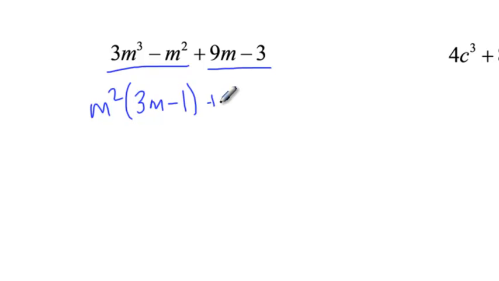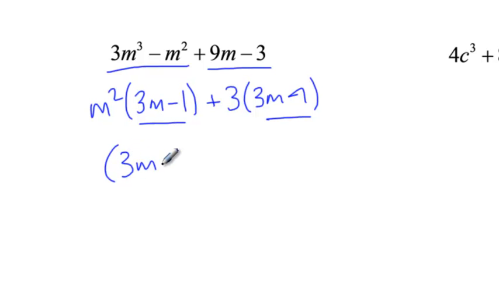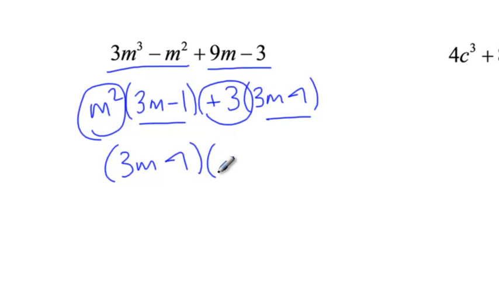Well, 3 is common, so I'm going to take a 3 out, and that's going to leave me with 3m minus 1. Again, 3m minus 1 is common in both, so let's rewrite that common factor. Then we have m squared left over and plus 3 left over, so I'm going to put that in the next set of parentheses, m squared plus 3. That is my final answer.